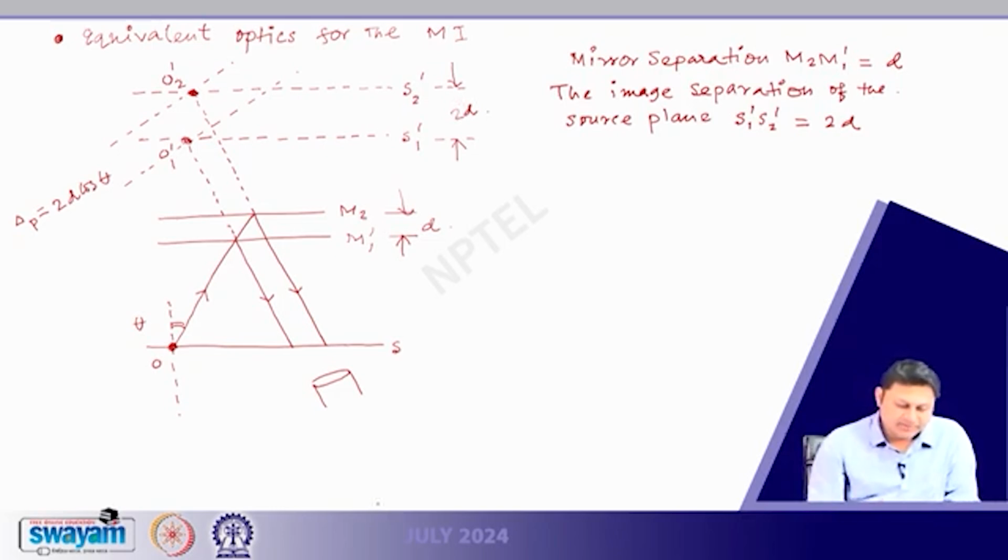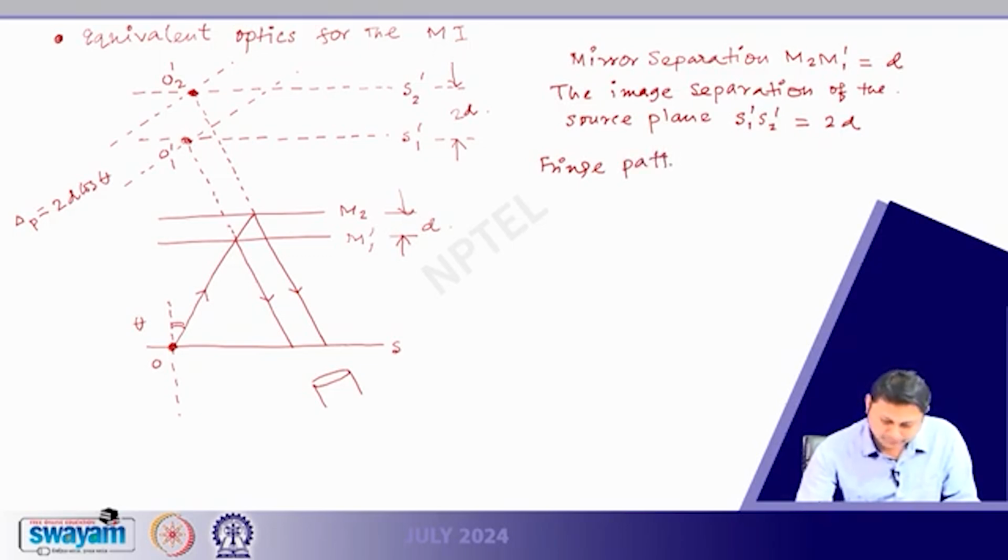Now, the optical path difference between these two points, as I mentioned, this virtual source point is O prime and O. I have already mentioned that this is delta p equal to 2d cos theta, and the fringe. So, if the source is an extended source, and if we have a spot, for example, then the fringe pattern that one can have is simply concentric circles.